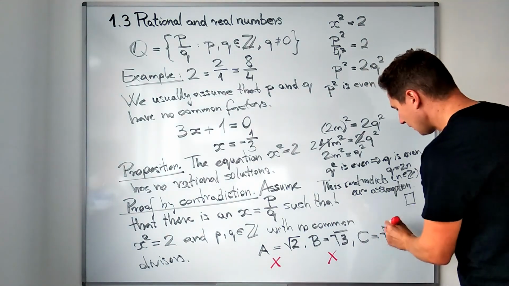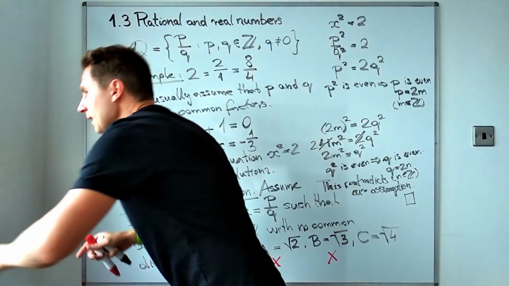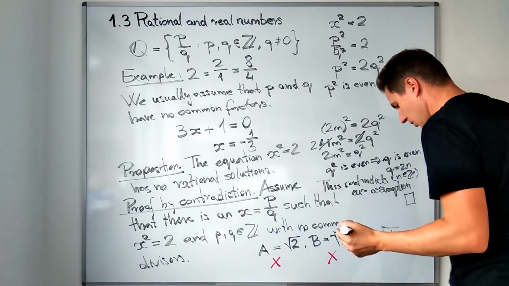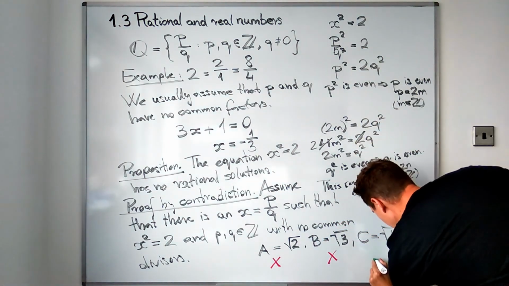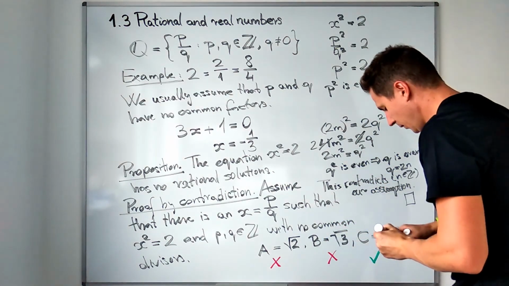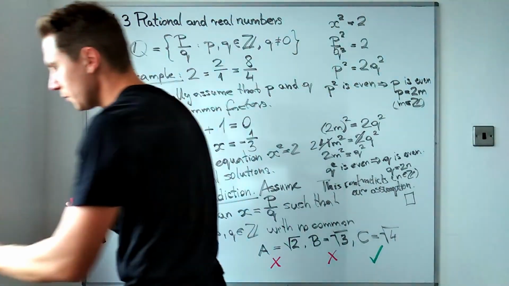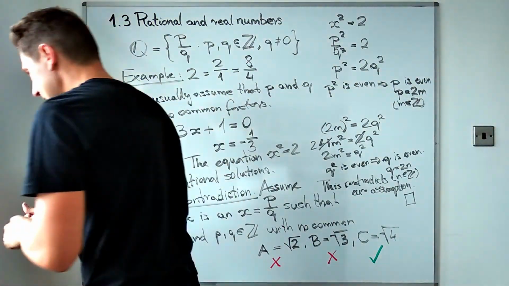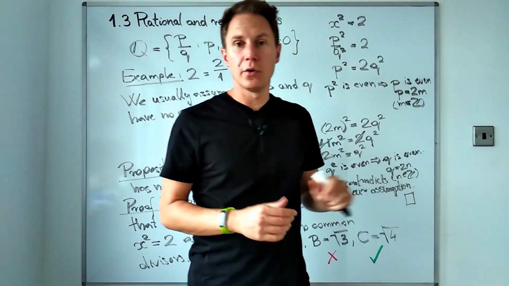And finally, you might know this one already, there are 2 numbers which square to 4, plus or minus 2. So this last option is a rational number.